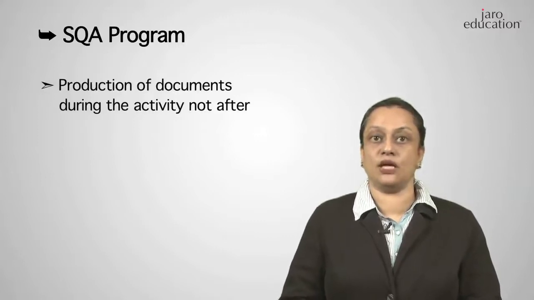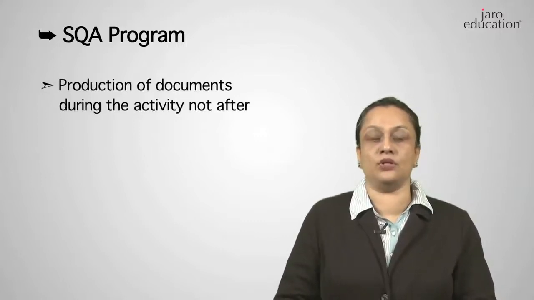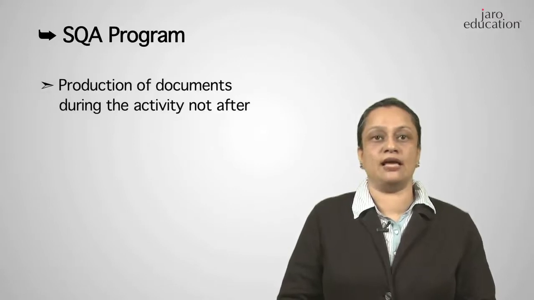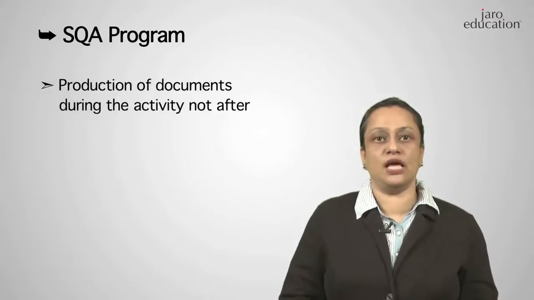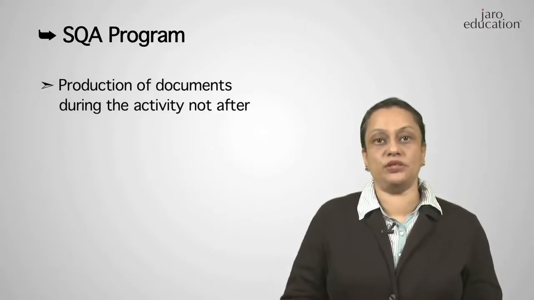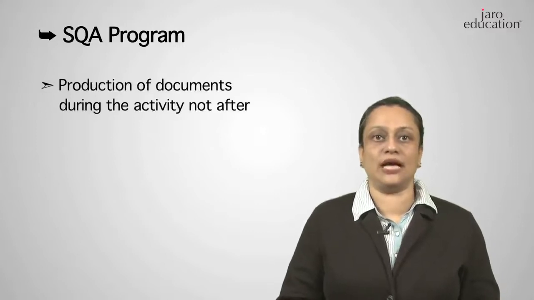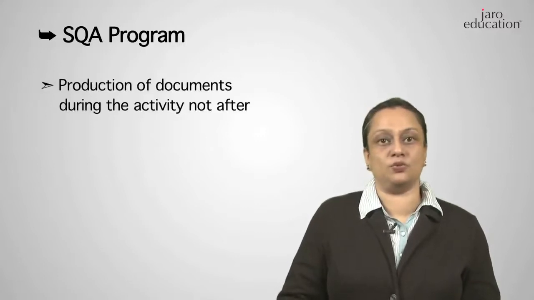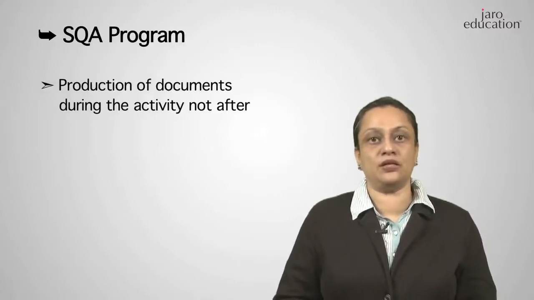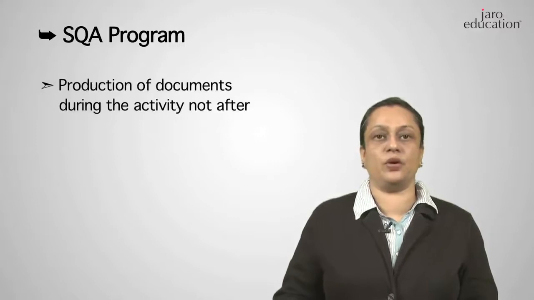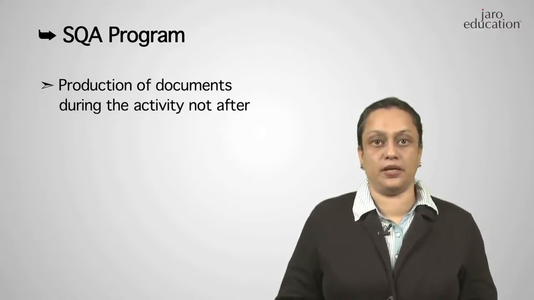So it's not that, okay, now the SQA review is going to happen or the audit is going to happen, and I now fill in all my review reports and project plans. While I'm doing the review, the report has to be filled. When I'm planning, the project plan has to be prepared. When I'm doing the requirement analysis, the software requirement specification document has to be prepared.